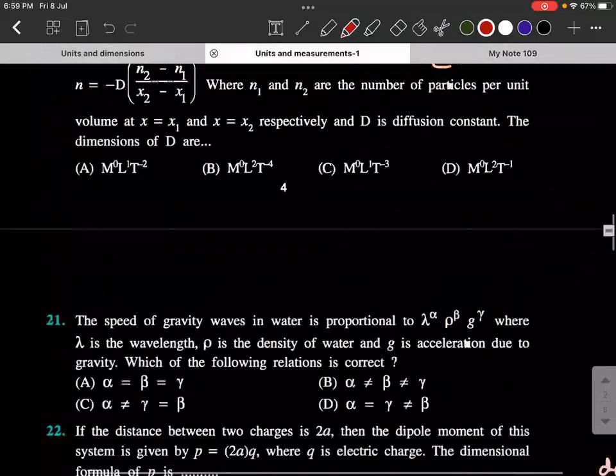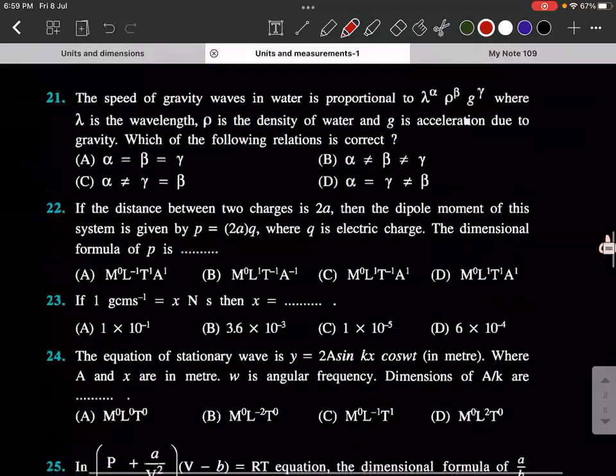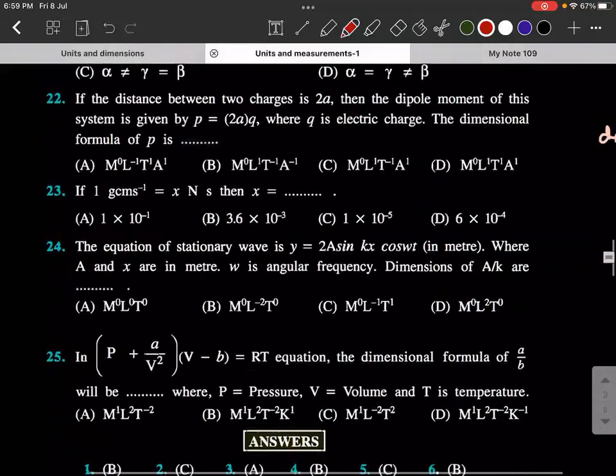We'll do one last problem. Try the 23rd one. 1 gram centimeter per second is equal to x Newton second.